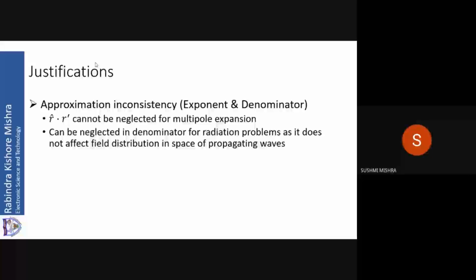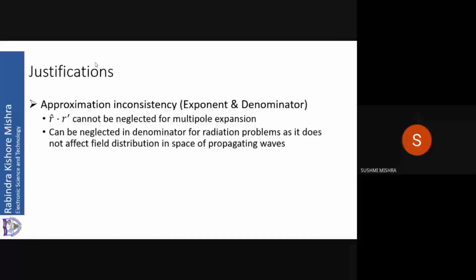Therefore, for the r, we can take this approximation that we can neglect r cap dot r dash. But we cannot neglect that in the exponent, because r cap dot r dash gives us quantities which depend on theta and phi.